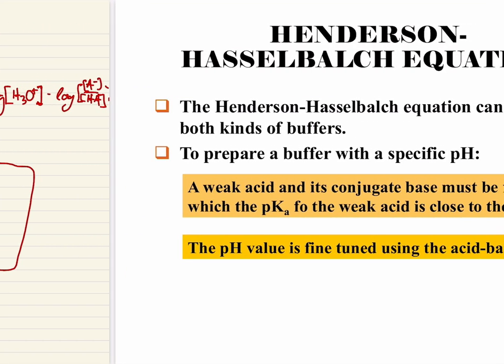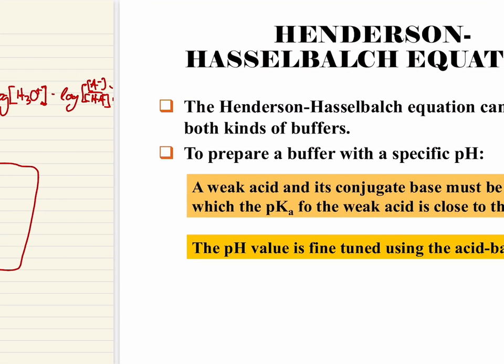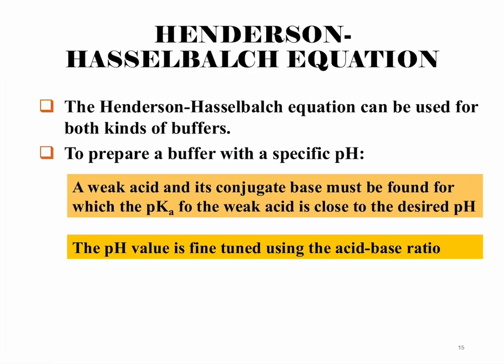All right, so we have the Henderson-Hasselbalch equation now. If you're trying to prepare a buffer solution, you just find a weak acid or weak base that has a pKa or pKb that's close to the desired pH. Because if you have something that's close to the desired pH, again, I'll write the Henderson-Hasselbalch equation right here: pKa plus logarithm of A minus over HA.